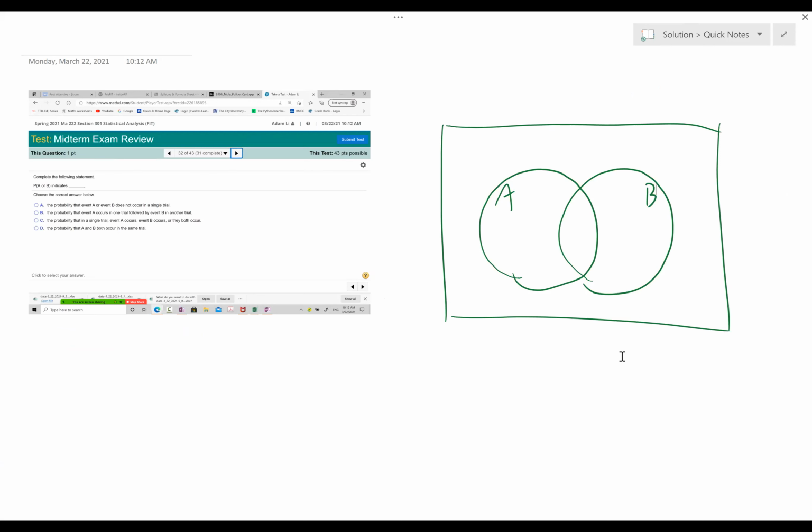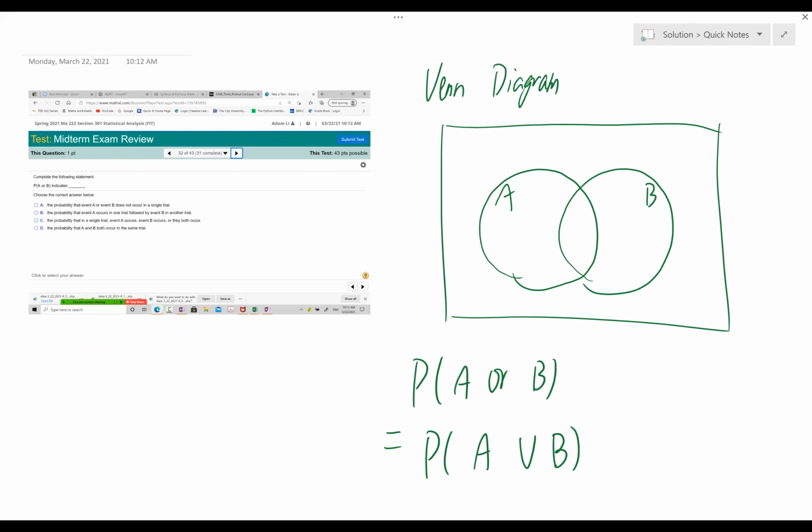All right, so you draw, we call this a Venn diagram. In this Venn diagram, we have event A, event B. A or B indicates it's the same thing as saying A union B, meaning you want everything in A and everything in B. This symbol is called the union symbol. So everything in A, everything in B, also their common section, right?